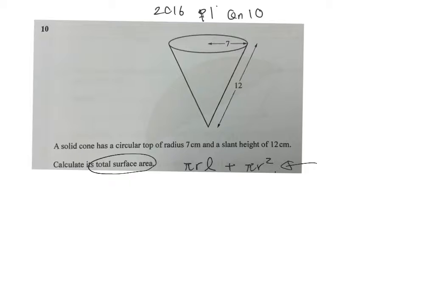Okay, the pi r l is for the party hat top lah. I mean, if you turn it around, it's like a party hat, right? So the pi r square is for the circle on top. Why you need 2 here is because of this keyword here that I'm going to highlight here. What is it called? Solid.